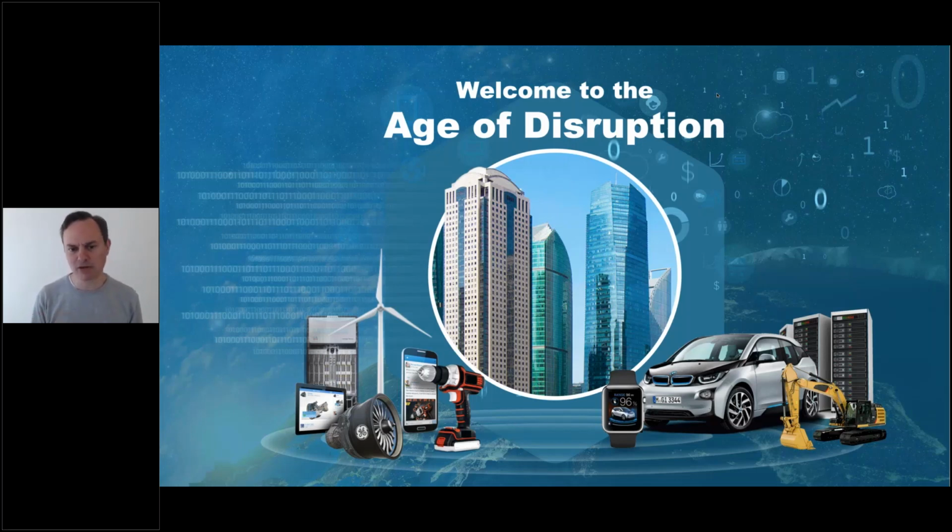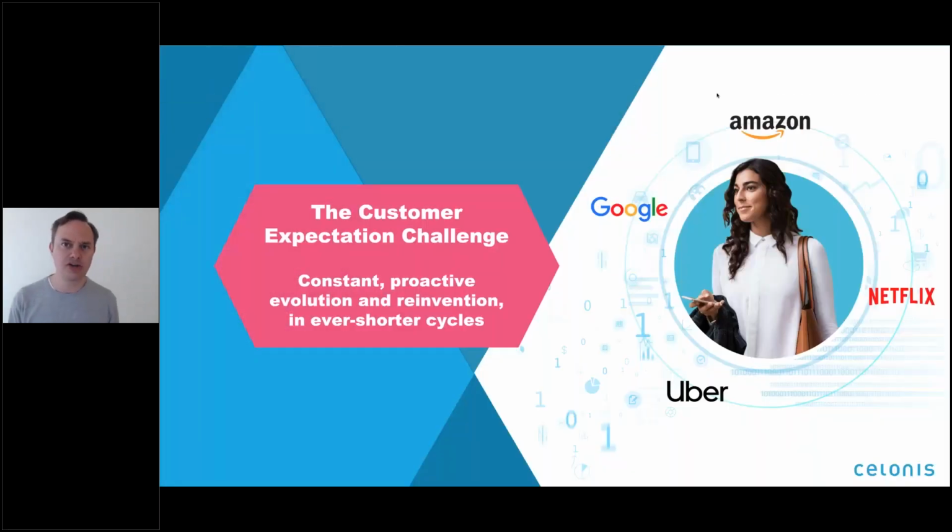And why are we thinking so differently about business? Because our customer is changing. Today, all businesses are selling to this new millennial buyer. The buyer in business is somebody who's using Google to do her searches, who's buying things on Amazon, who's streaming on Netflix, and who's ordering transportation using Uber.